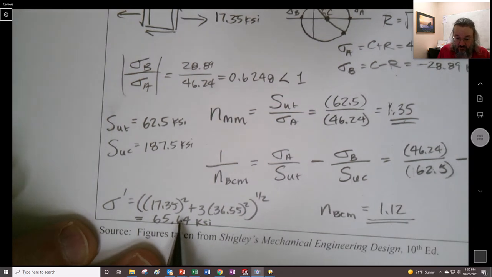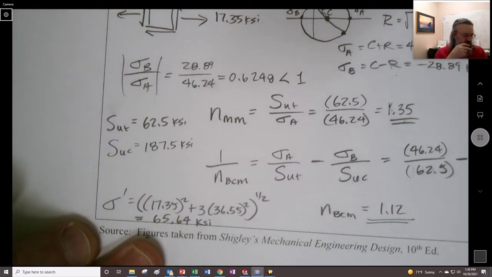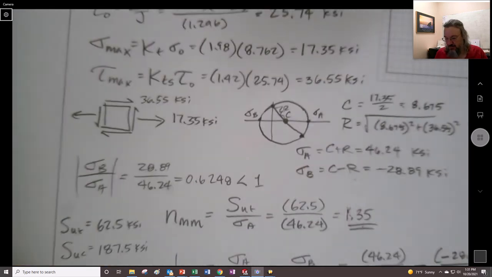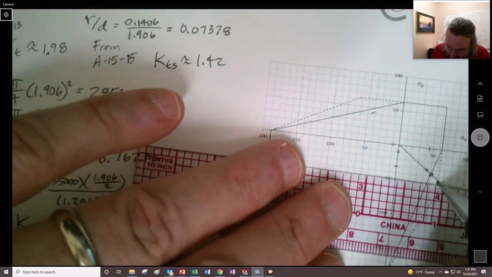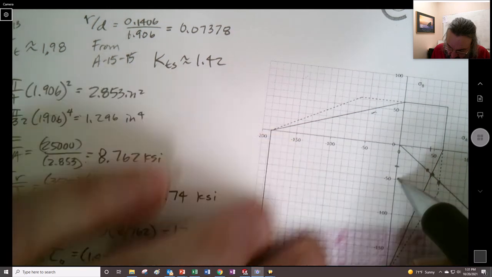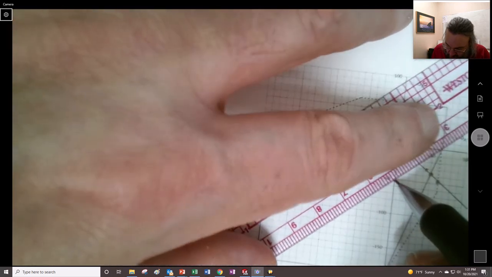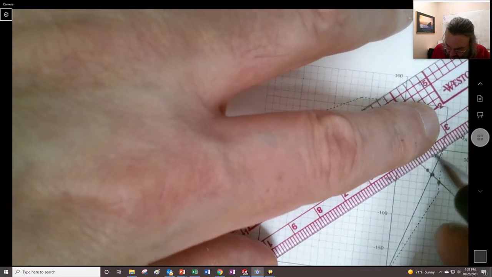Compare that to the tensile strength, which is 62.5. Sure enough, interesting, we're outside of those bounds. I guess that makes sense to some extent, right? This right here would be where the maximum shear stress theory would go.